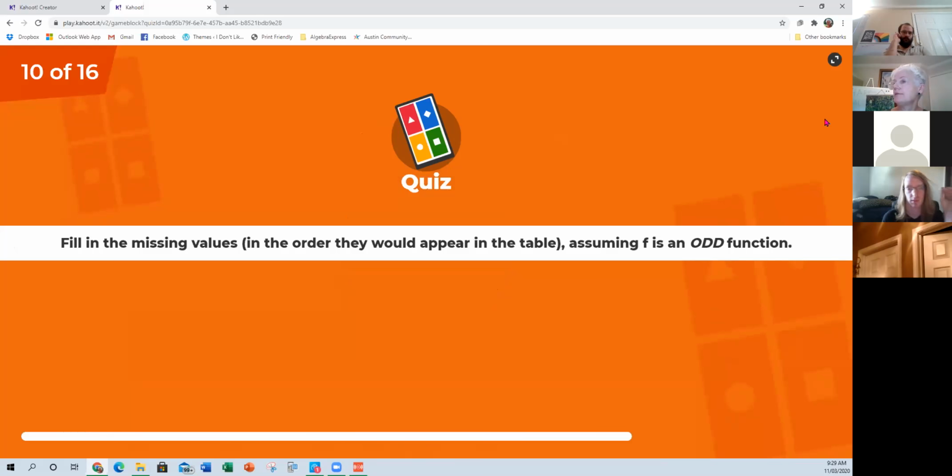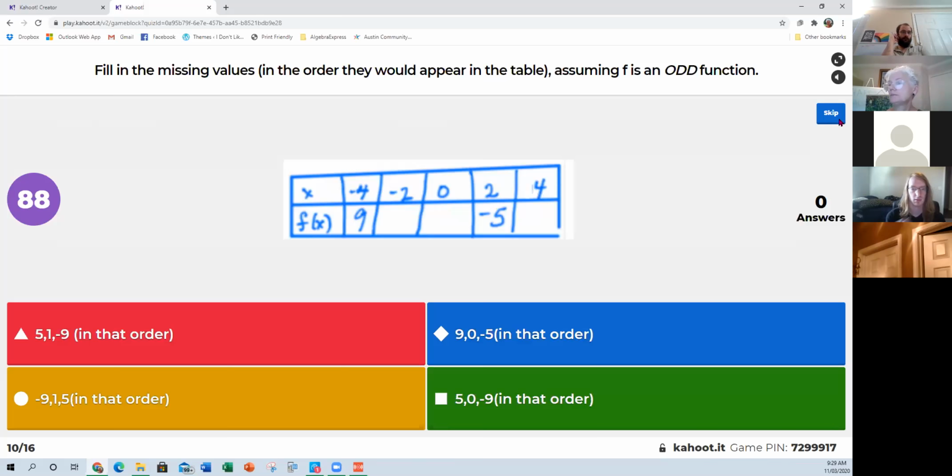Assume that f is odd, fill in the missing values in the order they would appear.